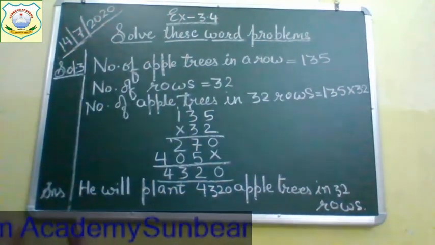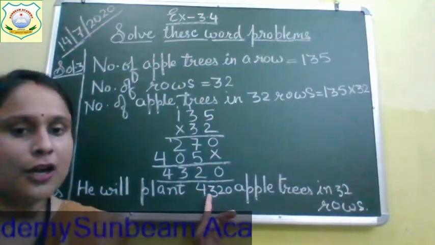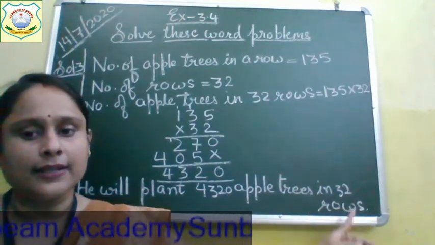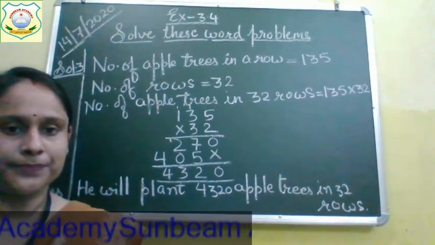Okay? He will plant 4,320 apple trees in 32 rows.